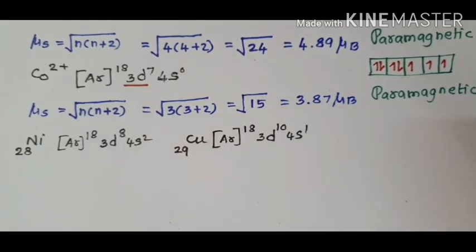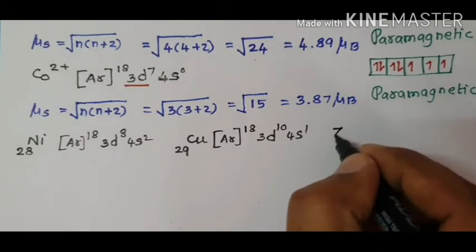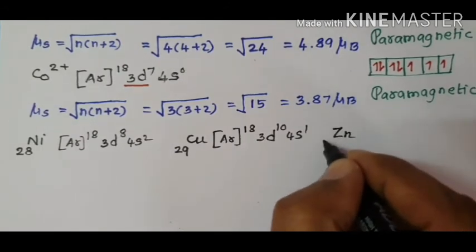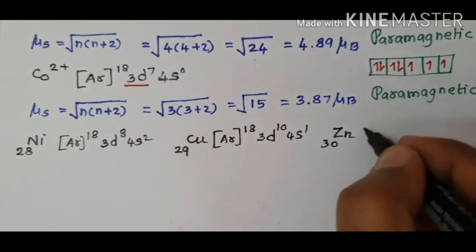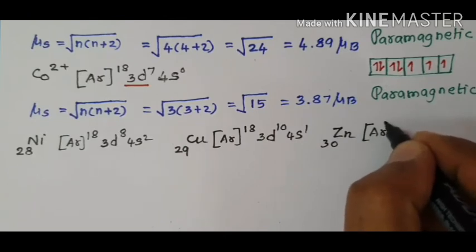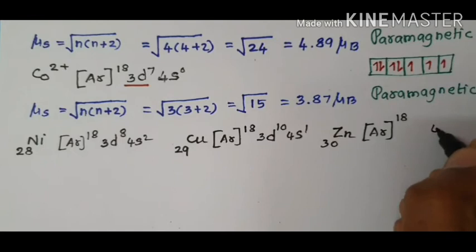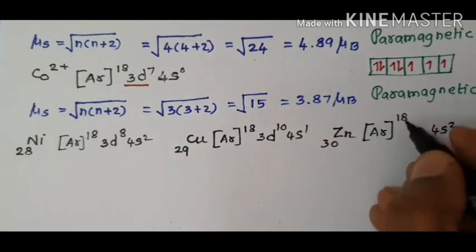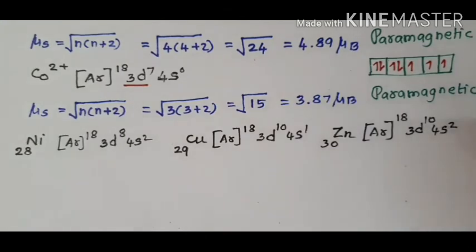Zinc, the last element in the first transition series, atomic number 30. The electronic configuration is argon 18 4s2, 3d10.